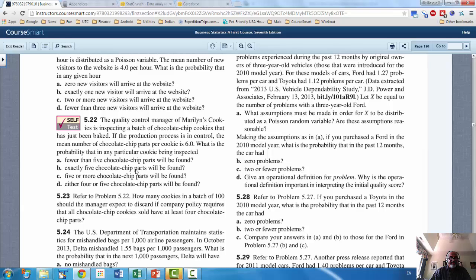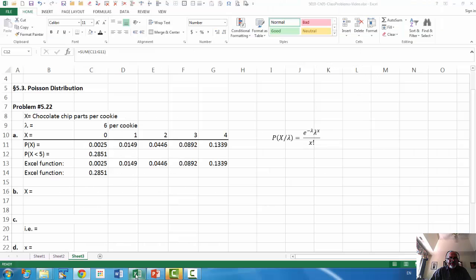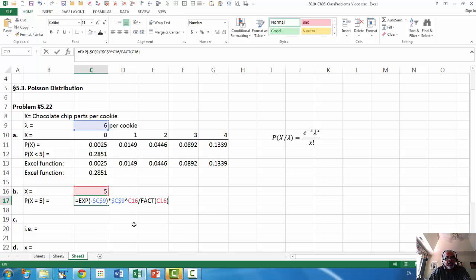Now B, exactly 5 is found. So we want exactly 5, so x is equal to 5. Now, if you copy any one of these formulas, that will give us the exact probability. So e to the power of minus lambda, lambda to the power of x divided by factorial x.